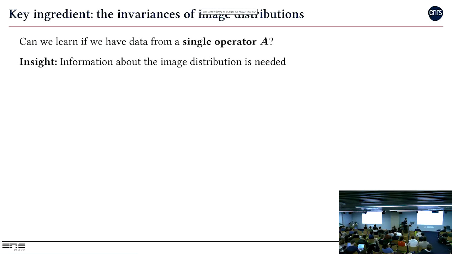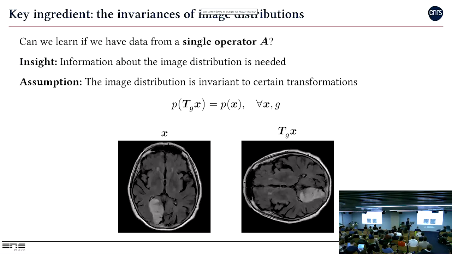Okay, but there's a trick, and there's a trick we've been doing for a while now, which is assuming that the distribution of the images I'm imaging are invariant to a group of transformations. What does it mean? So if you think about a picture of a brain, for example, if we rotate it, it's still a brain. It's still in distribution in a way.